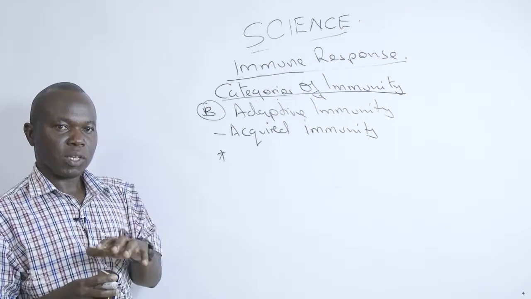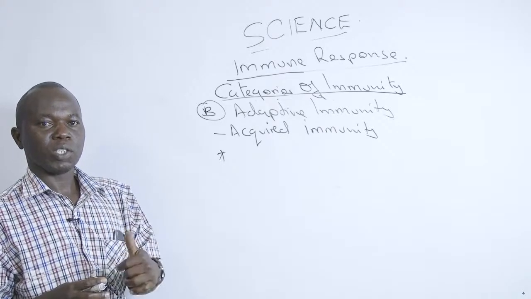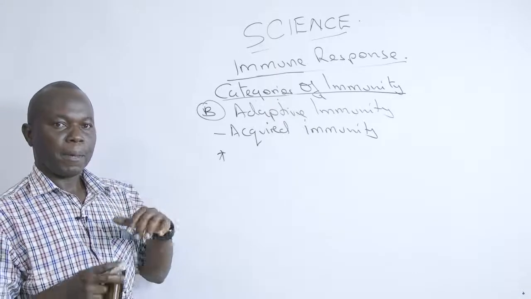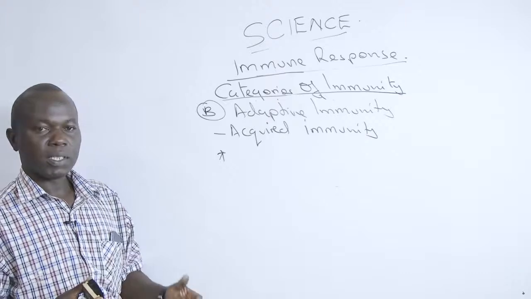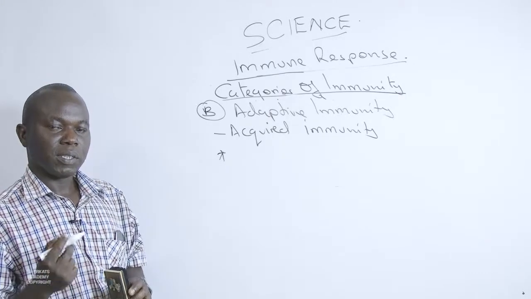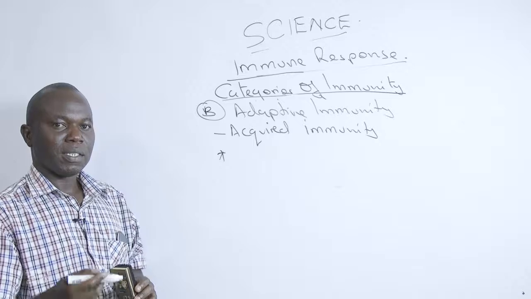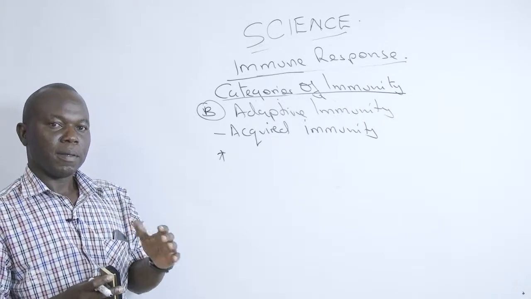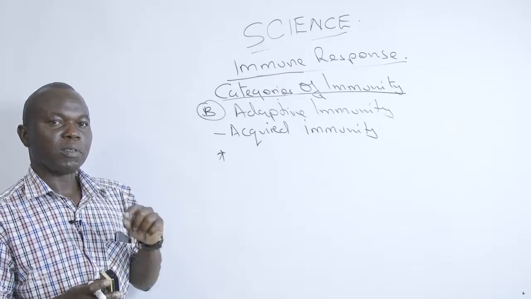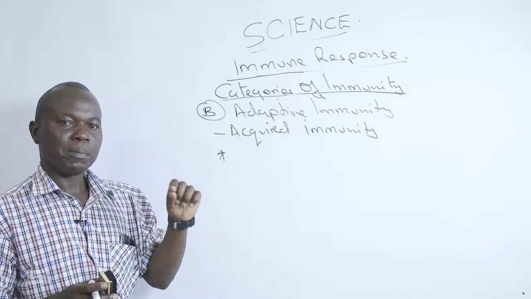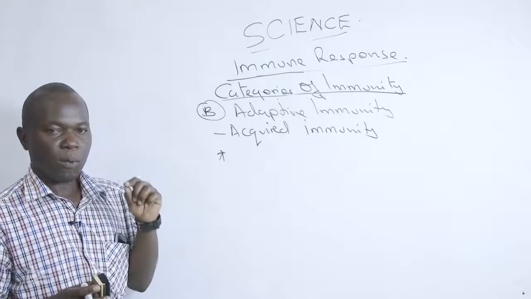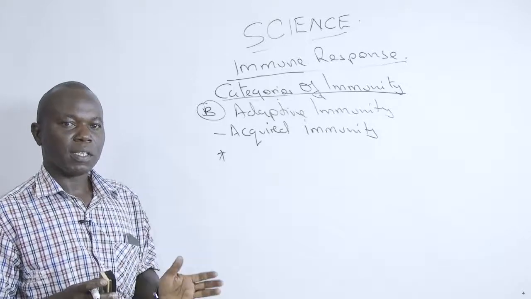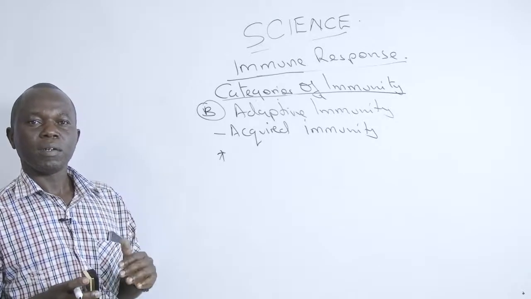But the structure of that pathogen is stored or retained in part of cells called memory cells, such that when this person is attacked the second time or any other subsequent time, the macrophages or the antibodies will be able to recognize that this is the same pathogen that attacked us one time. The macrophages will know that this is the kind of antibodies that we produced.